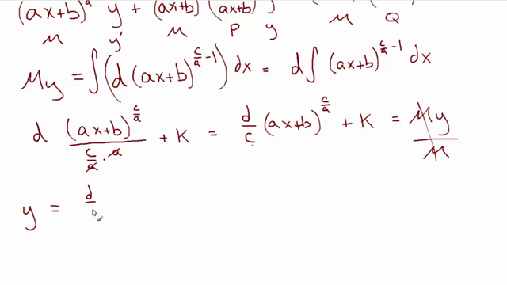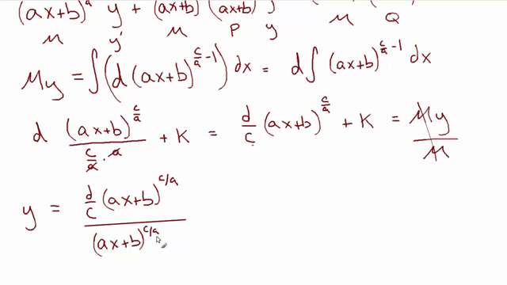So d over c times the quantity (ax + b) raised to the c over a, divided by (ax + b) raised to the c over a, which is mu, plus some arbitrary constant k divided by (ax + b) to the c over a. That's what y equals, and we can cancel these terms.